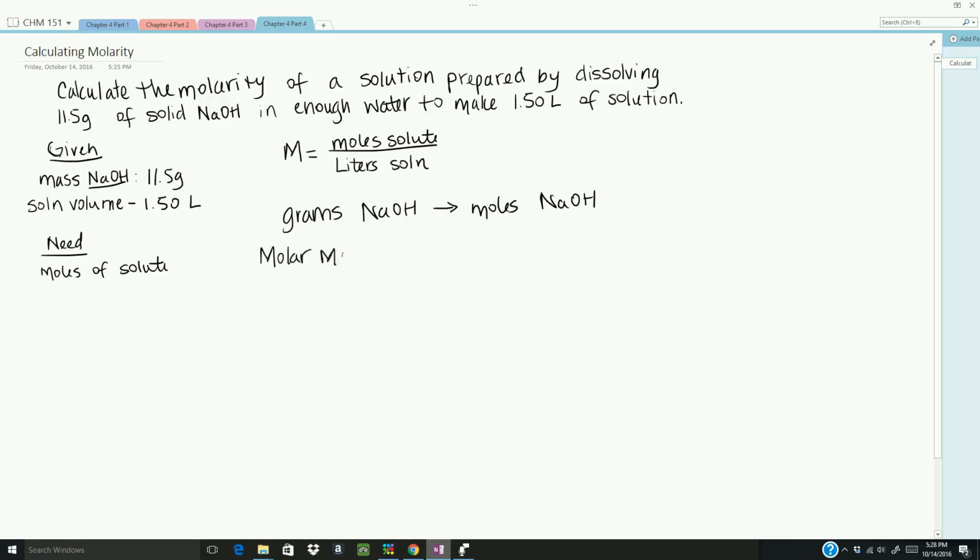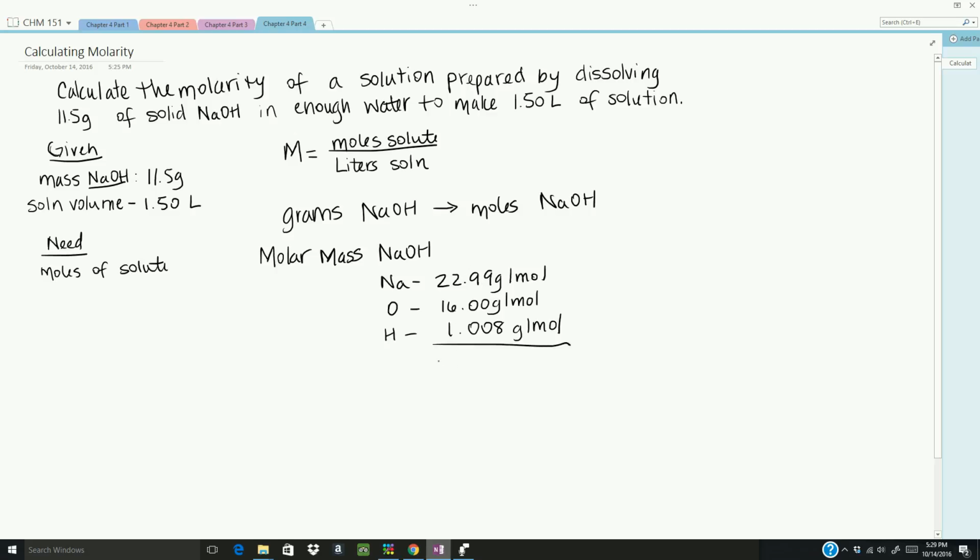So the molar mass of sodium hydroxide, we're going to find by adding up the masses of all the different atoms. Sodium has an atomic mass of 22.99 grams per mole. Oxygen is 16.00 grams per mole. And hydrogen is 1.008 grams per mole. We're just adding these together because we have one of each.